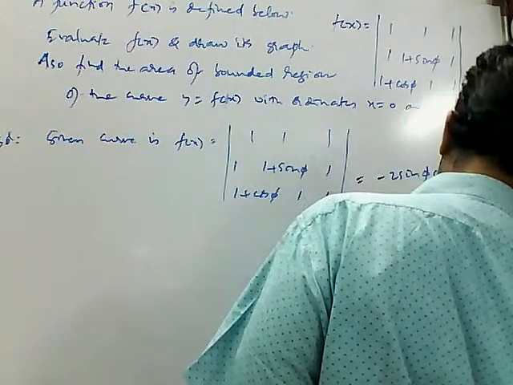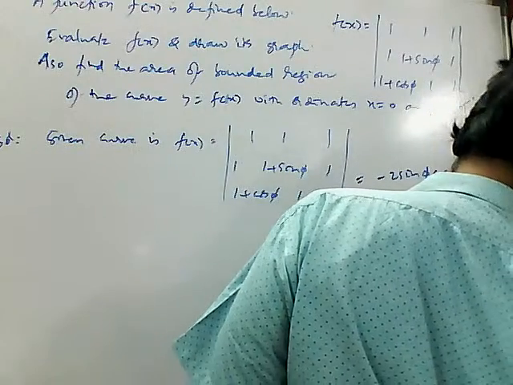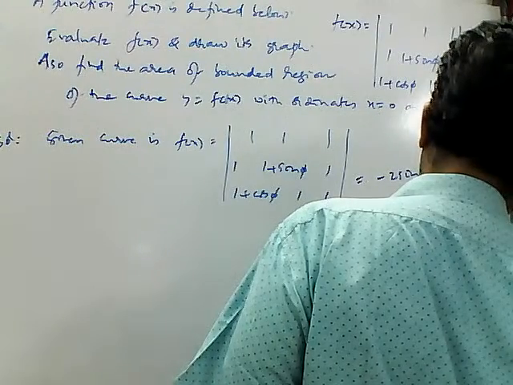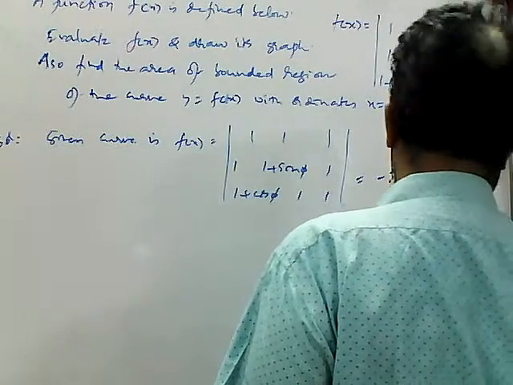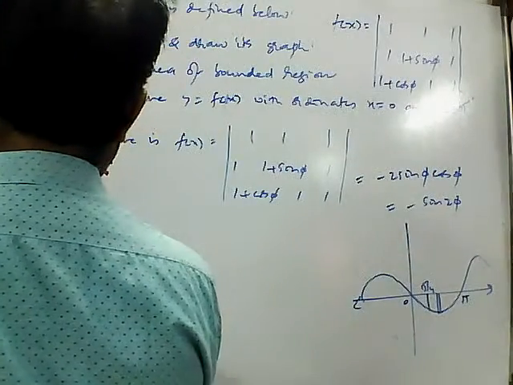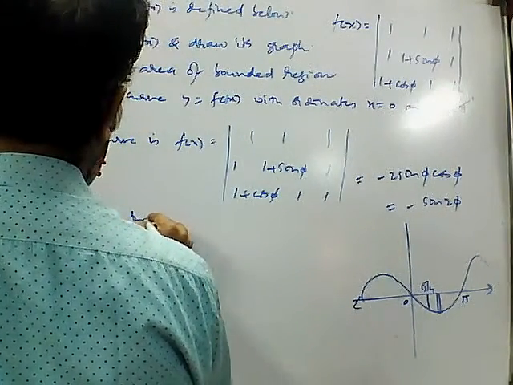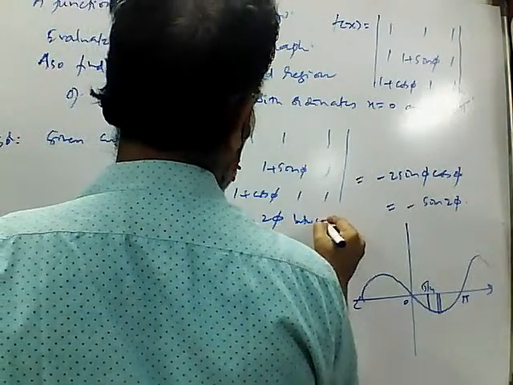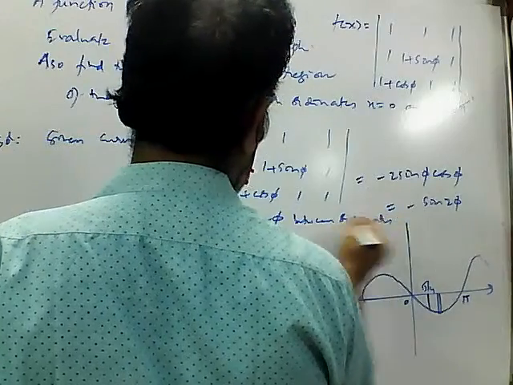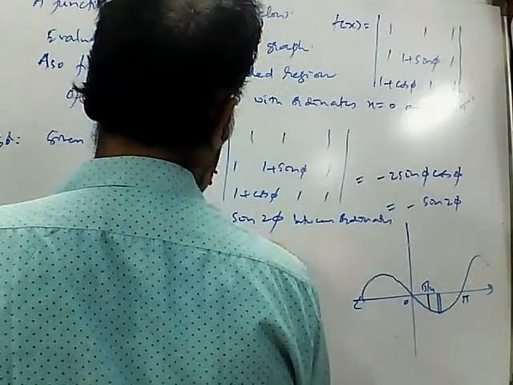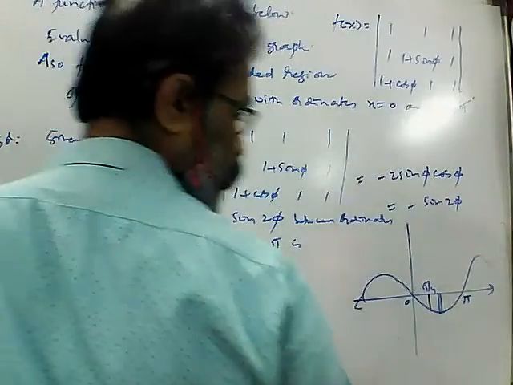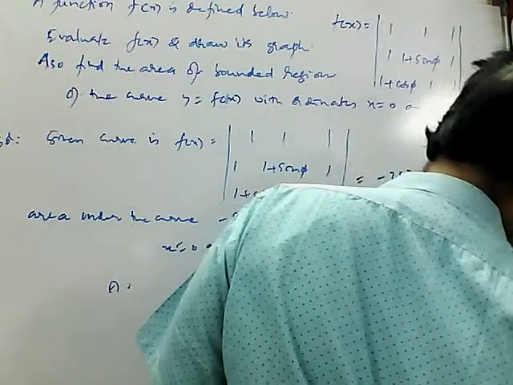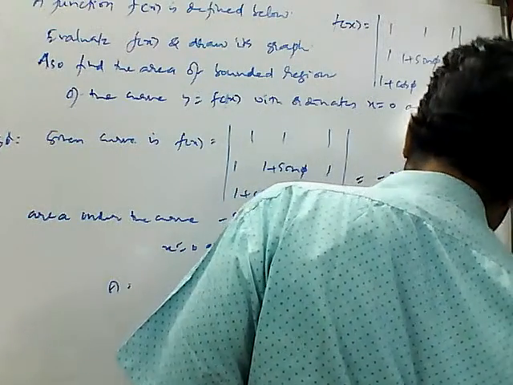Now this area, between 0 to pi. You take this area, pi by 4, this is pi by 2. Therefore, the area under the curve minus sin 2x between ordinates x equal to 0 and x equal to pi is A. This is minus 1 and this curve is 1.